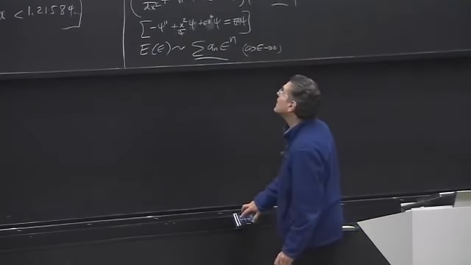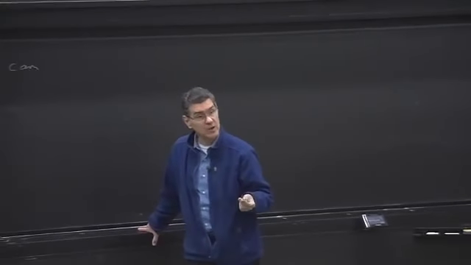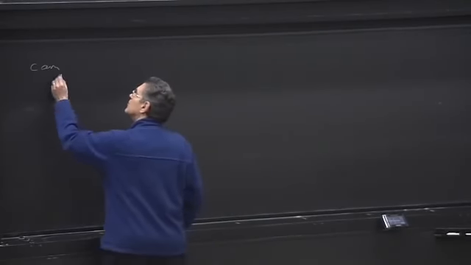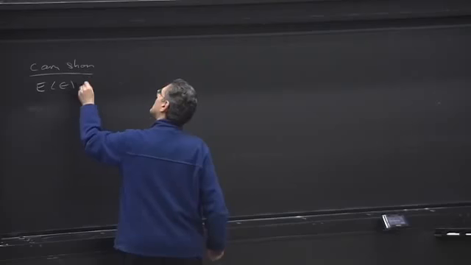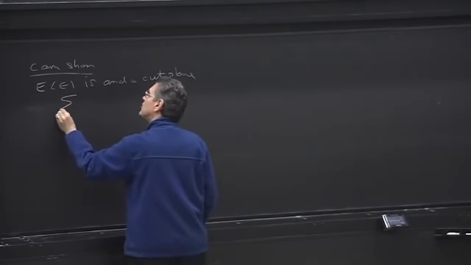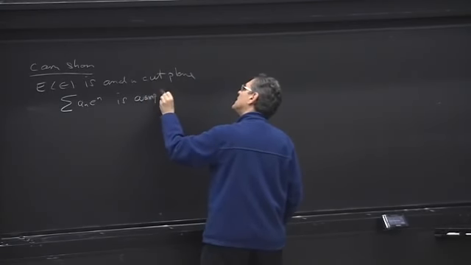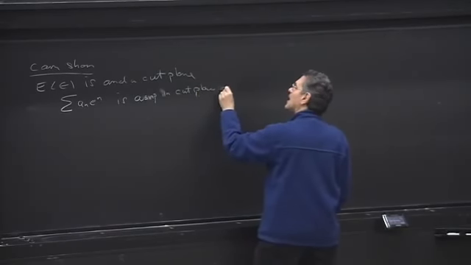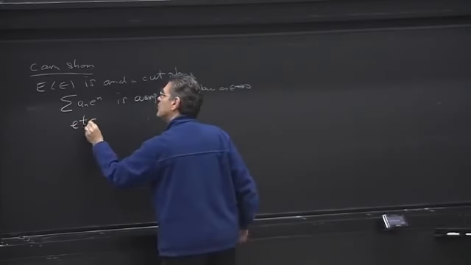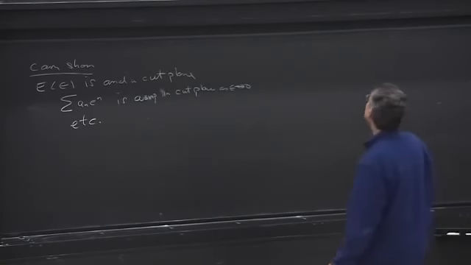The point here, you can show rigorously, and I can refer you to papers in which it's been proved rigorously, it took 10 years basically, but you can show that E of epsilon is analytic in the cut plane, etc., that this series is asymptotic in the cut plane as epsilon goes to 0, etc., etc., etc. You can prove all that you need to prove, and you can even show, and this is what I want to show you, this is how I want to end the class, you can even show that this function E is a Herglotz function.